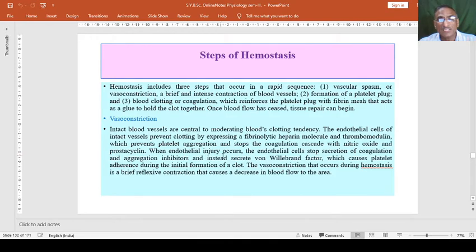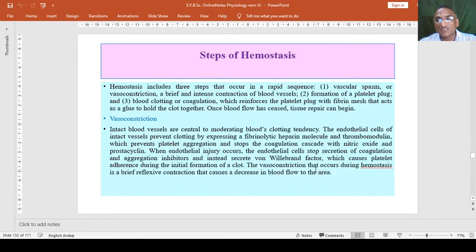When endothelial injury occurs, the endothelial cells stop secretion of coagulation and aggregation inhibitors, and instead secrete von Willebrand factor, which causes platelet adherence during the initial formation of a clot.